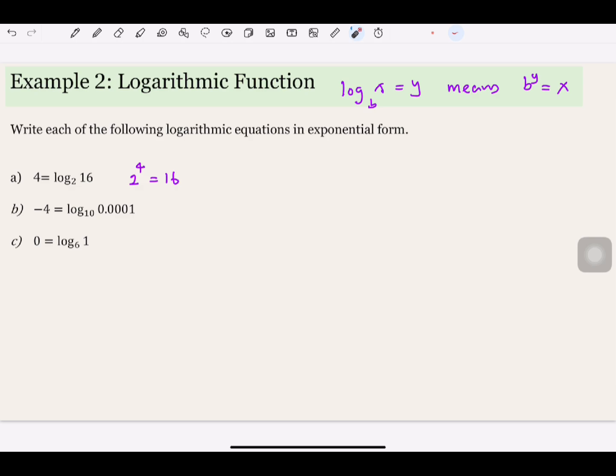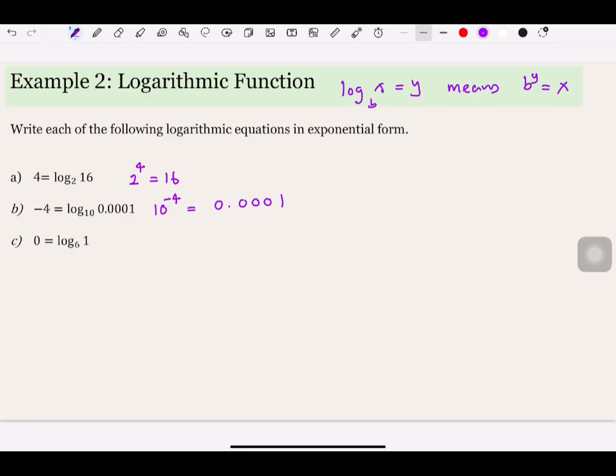Next example. In this example, the base is 10, this is my output and this is my exponent. So 10 to the power negative 4 will give you 0.0001.